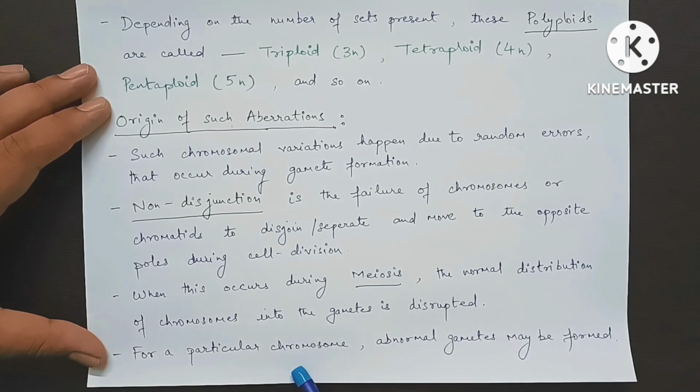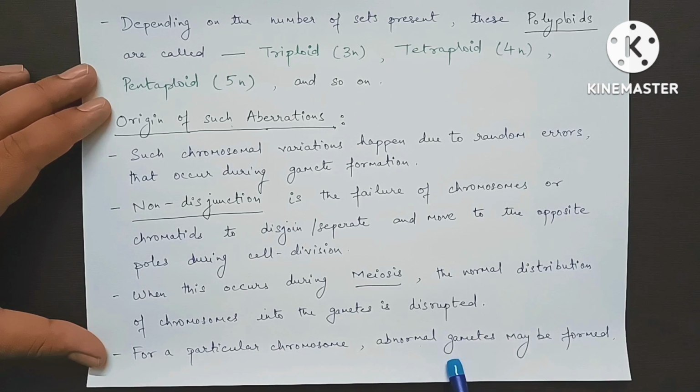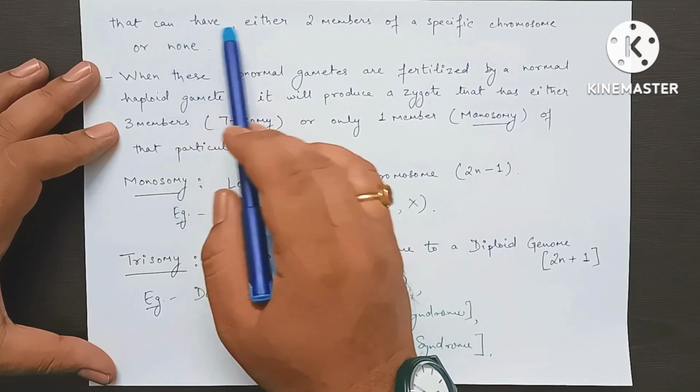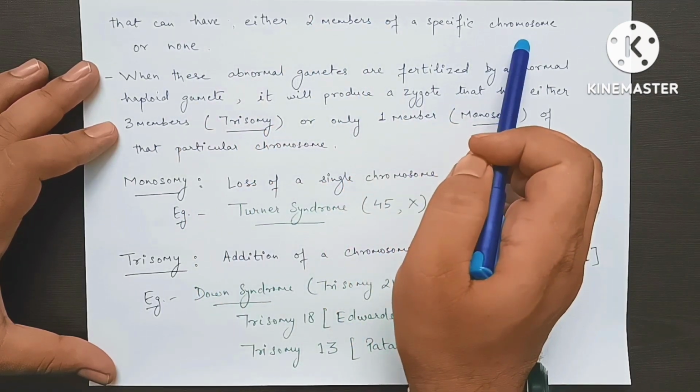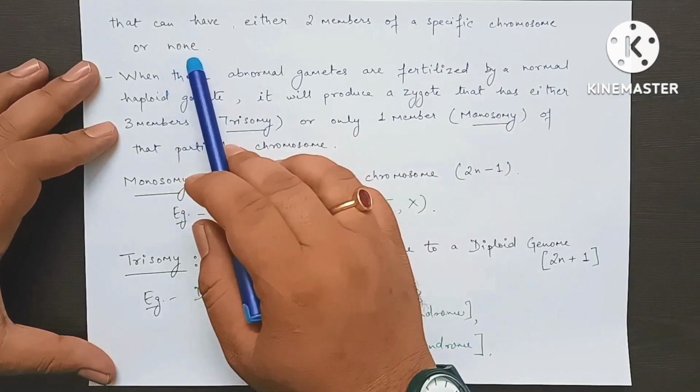For a particular chromosome, abnormal gametes may be formed that can have either two members of a specific chromosome or none.